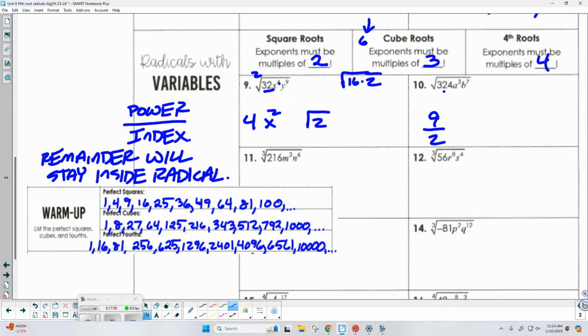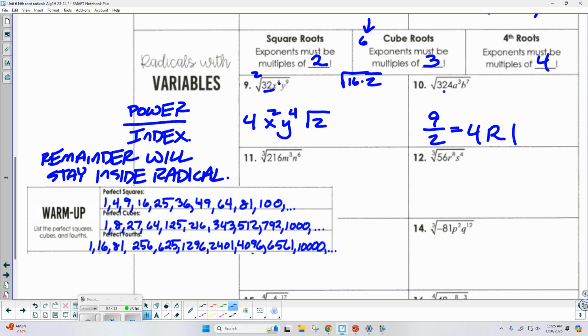So we're going to do this. How many times is 9 divisible by 2? Okay, 4. Now, the number of times it's divisible, that's what you're pulling out. So I'm going to pull out y to the 4th, but what's the remainder? 1. So the remainder is what's got to stay as a power inside the radical.